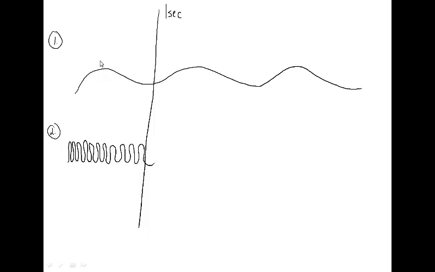You will notice that wave 1 has a much longer wavelength. You will also notice that wave 1 in 1 second really only gets one peak, whereas wave 2 has about 10 of them.